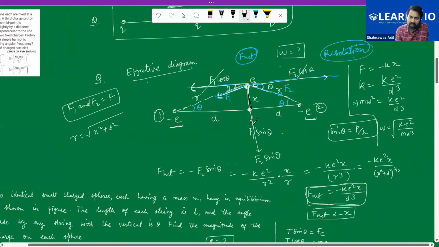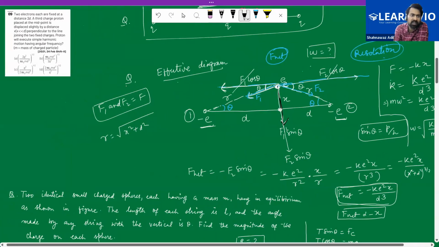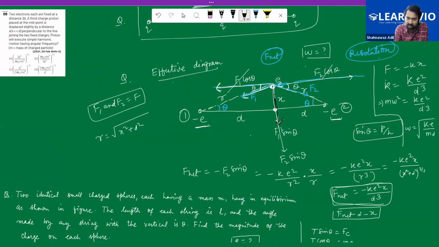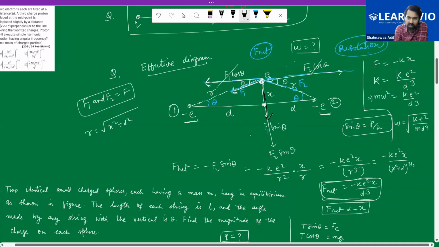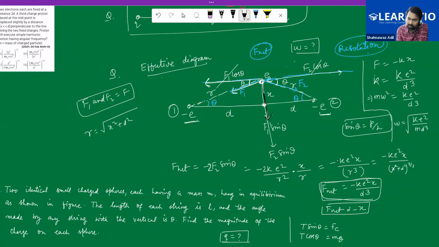The whole distance is 2d. Two electrons are at a distance 2d, and the third charge is perpendicular, and then this is q square. So there was this 2 also, right? And this K is 1 by 4 pi epsilon naught.